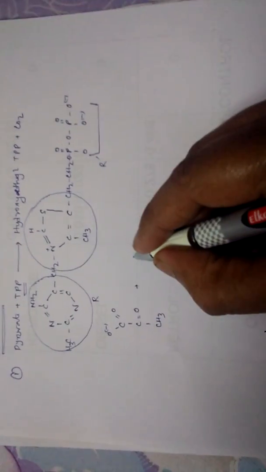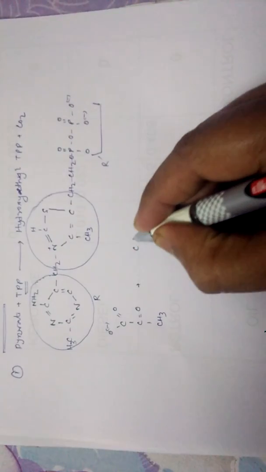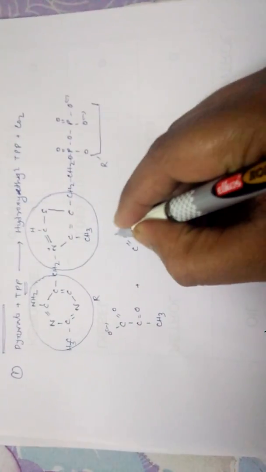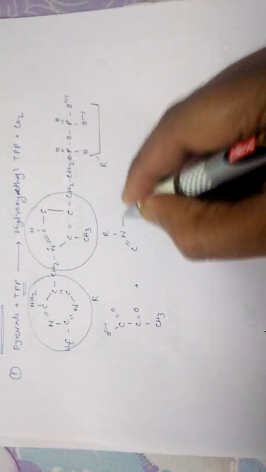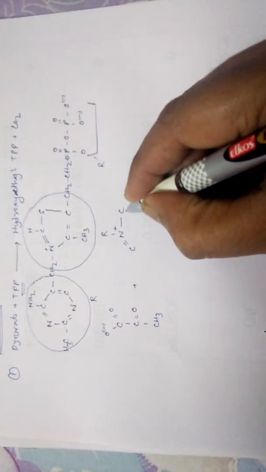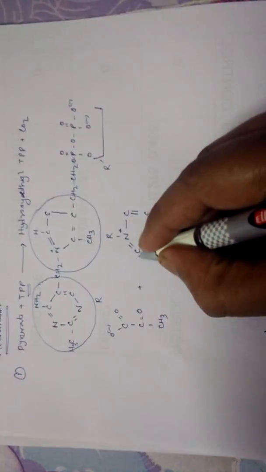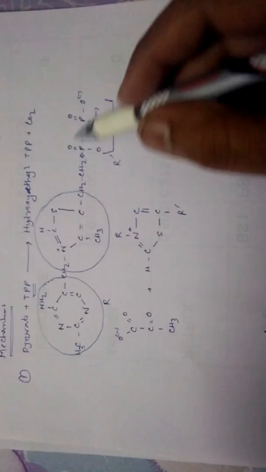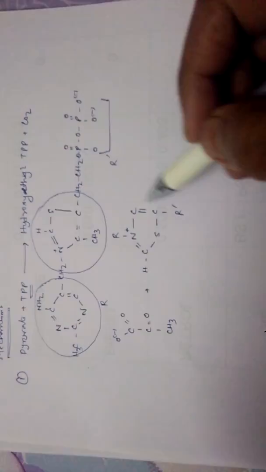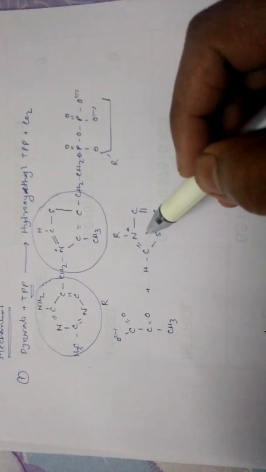So this is the pyruvate, and this particular portion is denoted as R, and this portion is denoted as R dash. This is basically the area where the reaction will occur. So what will happen?